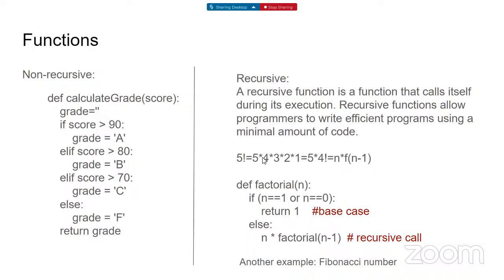So here, for this problem, you want to do the multiplication from 1 to n. That's probably easy. Okay, you just do a for loop, right? For I in range n, and then you multiply this number. That's non-recursive.